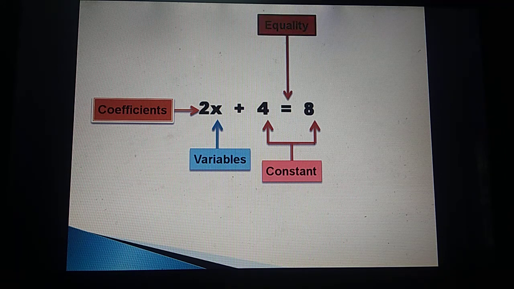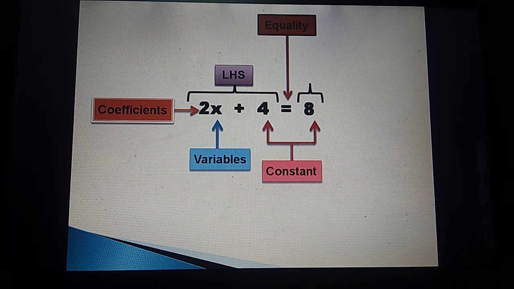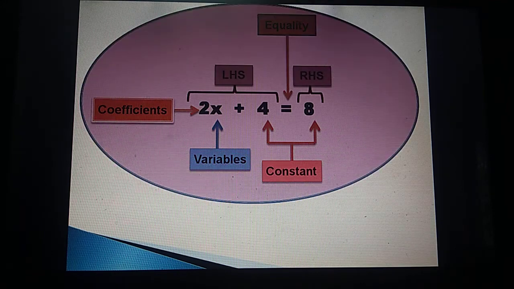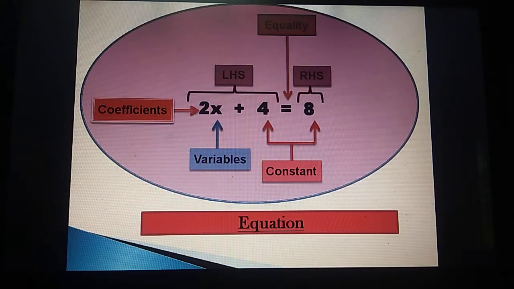So this equality sign shows that both the parts are equal. This is the left part, known as the left hand side. This is the right part of the sign, the right hand side. Left hand side and right hand side are equal for a particular condition on a variable. As a whole, this is termed an equation.